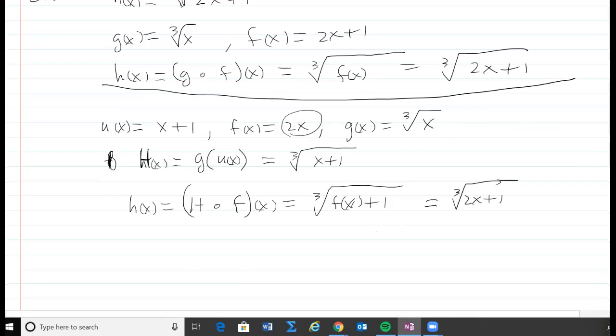Now, typically, I don't think I've ever seen notation like this, although I'm not saying it doesn't exist. You just do them in order from right to left. This is the same as this, composed with that.